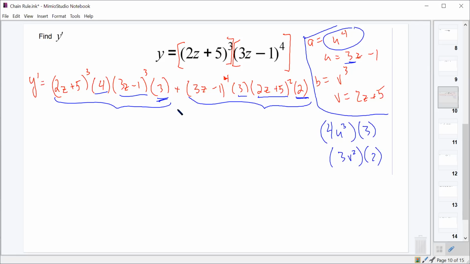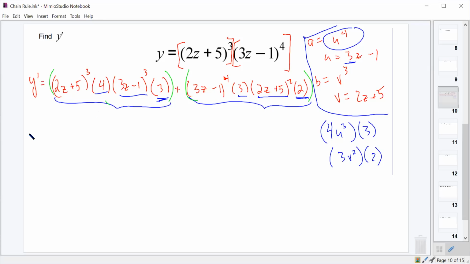So we have to be able to factor this out cleanly to make it all one big multiplication. So what's in common in this first term and this second term? 3. All right, this one's got a 12, right? And this one's got a 6. So they both got at least a 6. We could take the 3 out, but we could also take out a 2.